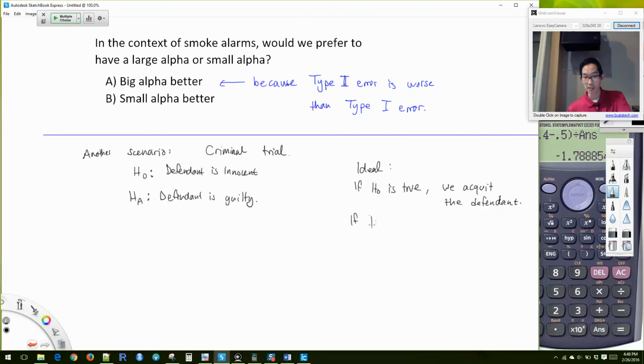If the null hypothesis is false and the defendant is guilty, the jury convicts.